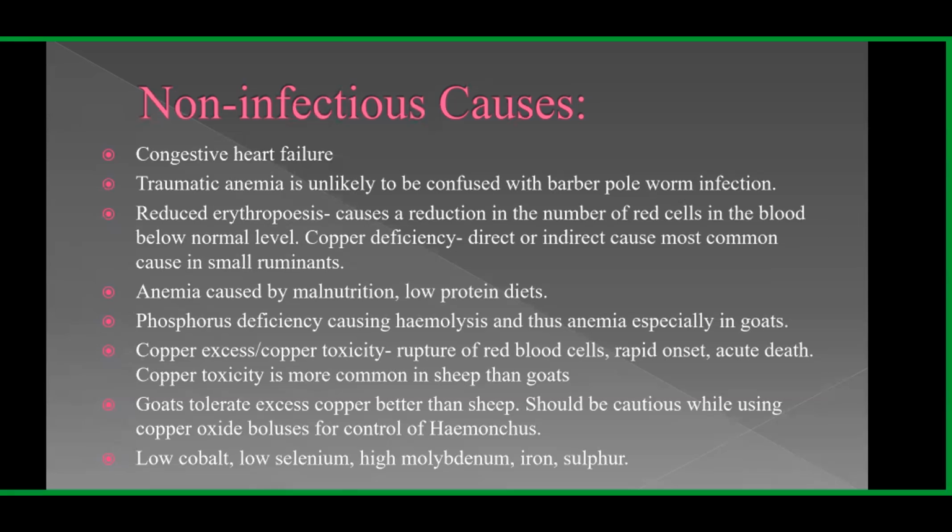Phosphorus deficiency. How does phosphorus deficiency cause hemolysis? Because phosphorus is an important part of the cell membrane. So when there is reduced phosphorus, the cell membrane integrity will be damaged. Similarly, the cell membrane integrity of the RBC is damaged, and there will be hemolysis, and this will again lead to anemia.